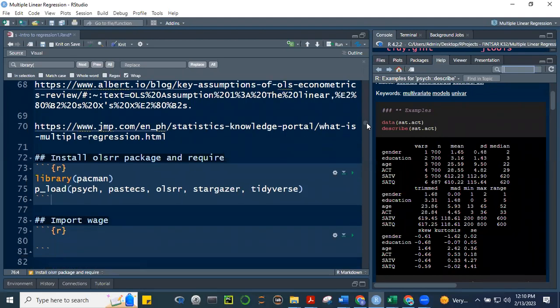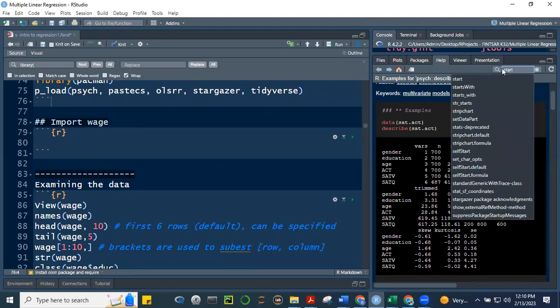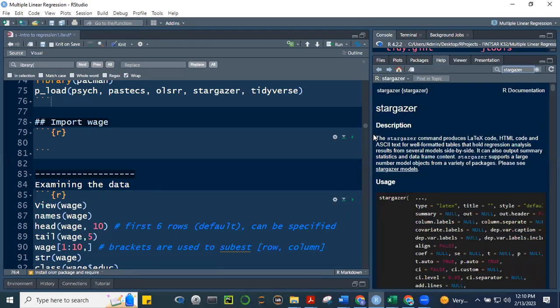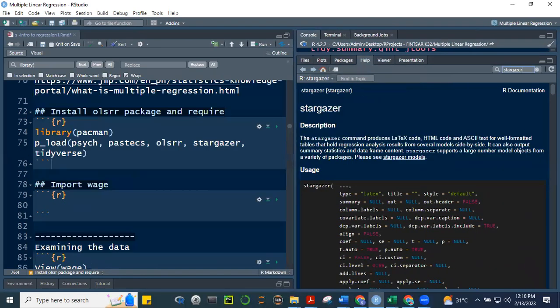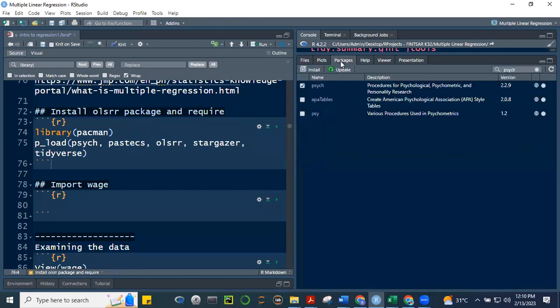All right. And there's Stargazer naman, tingnan natin si Stargazer. What is Stargazer for? Dapat yung sa package natin din. Yan, here.